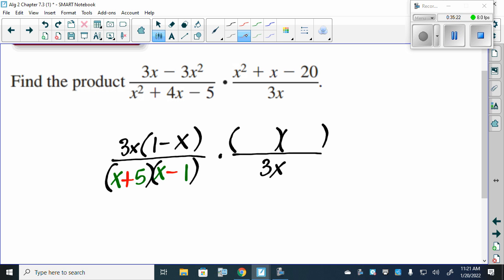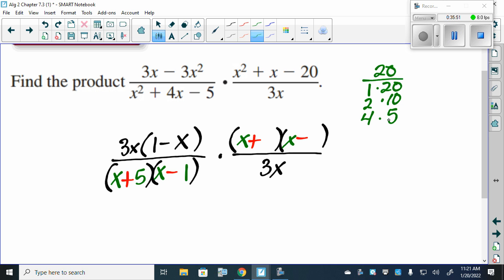Now let's look at the other one, x squared plus x minus 20. Since the 20 is negative, our signs are opposite. One's going to be positive and one's going to be negative. Now the factors of x squared would give us x and x. Now the factors of 20 are a little bit more than 5, because we do have 1 and 20, 2 and 10, or 4 and 5.